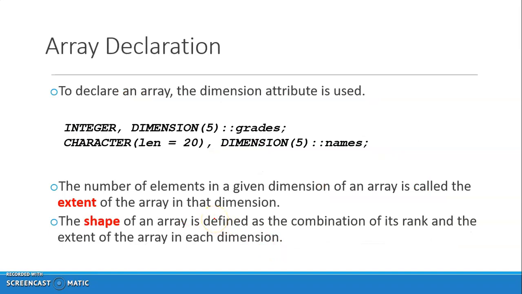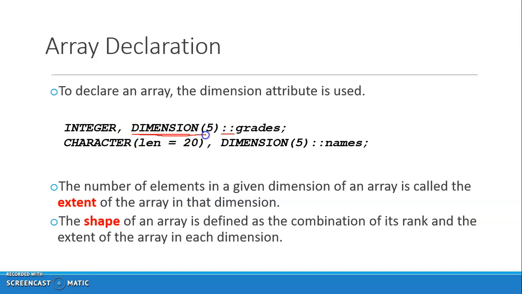So how do we declare array variables? We declare arrays by using a dimension attribute. To declare a normal variable, we would just have integer, then the name, grade, something like that. But here now we are putting in something in between, which is the dimension.